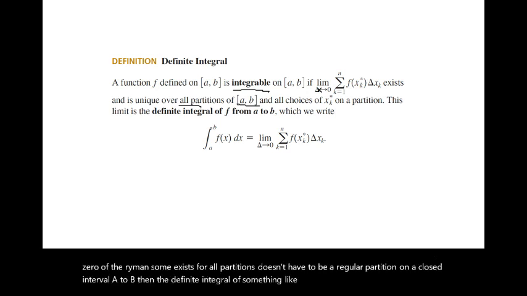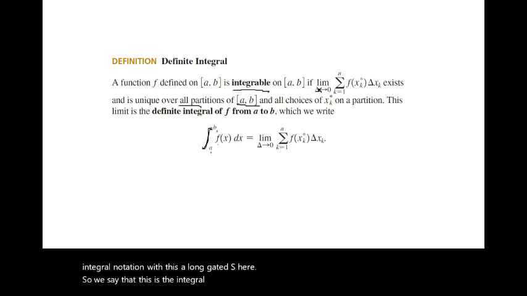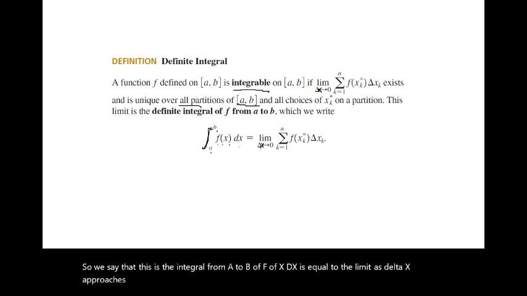You see the similar integral notation with this elongated s here. So we say that this is the integral from a to b of f of x dx is equal to the limit as delta x approaches 0 of the sum from k equals 1 to n of f of xk times delta x. So basically, the definite integral is an infinite Riemann sum.